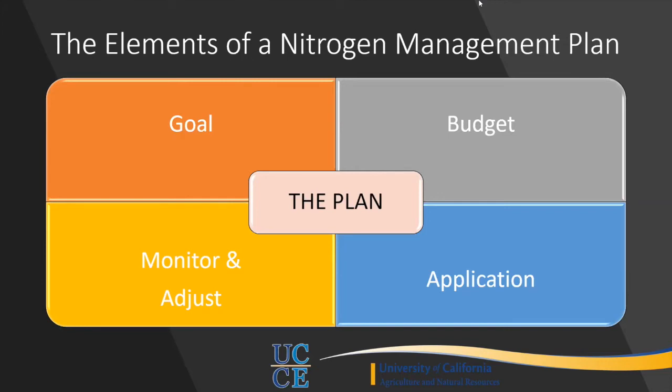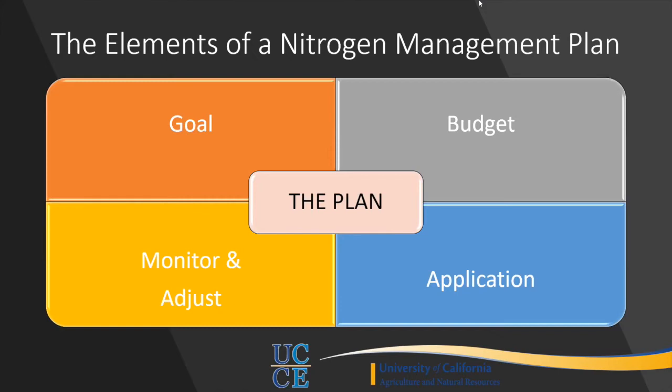Continuing clockwise with the plan, the final element in this cycle is to monitor and adjust. That means that after fertilizer application has been made, for instance, the plan is not over with.